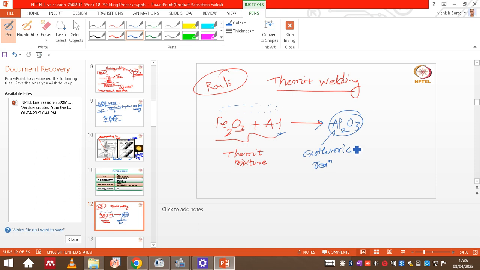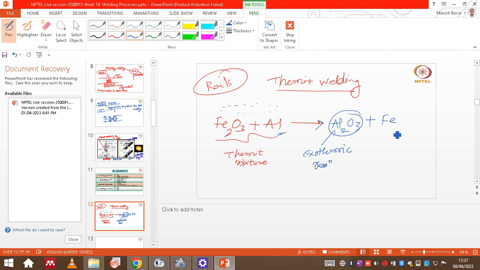Exothermic means that heat will be released, and whatever element is left over, like iron from this reaction, because of the heat from the exothermic reaction, this iron is actually in the molten state.